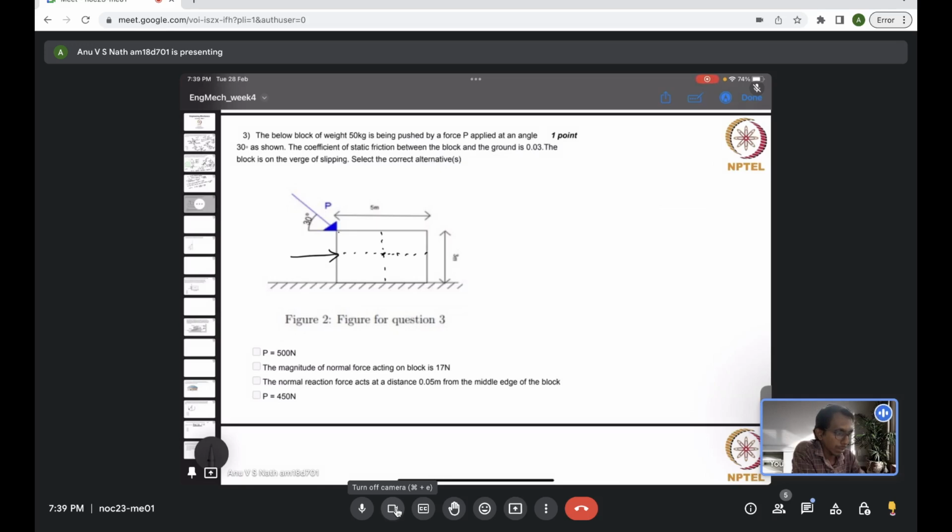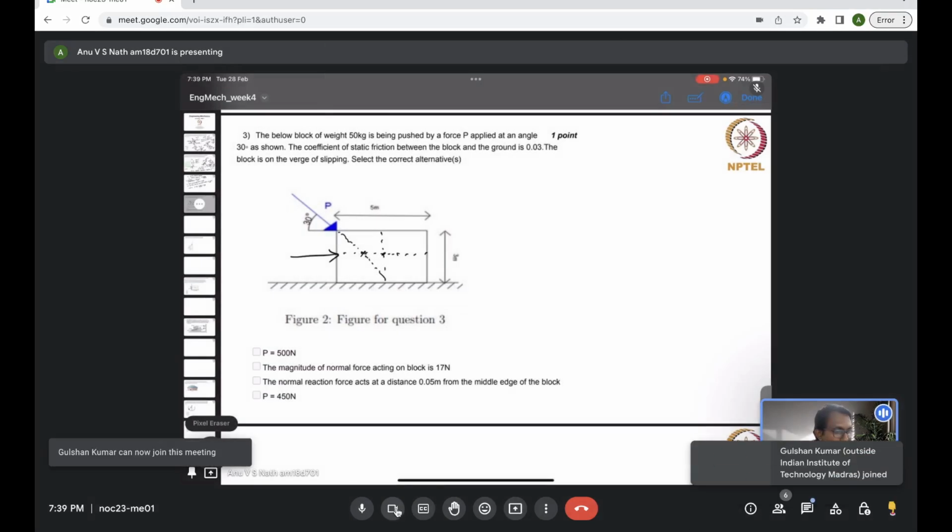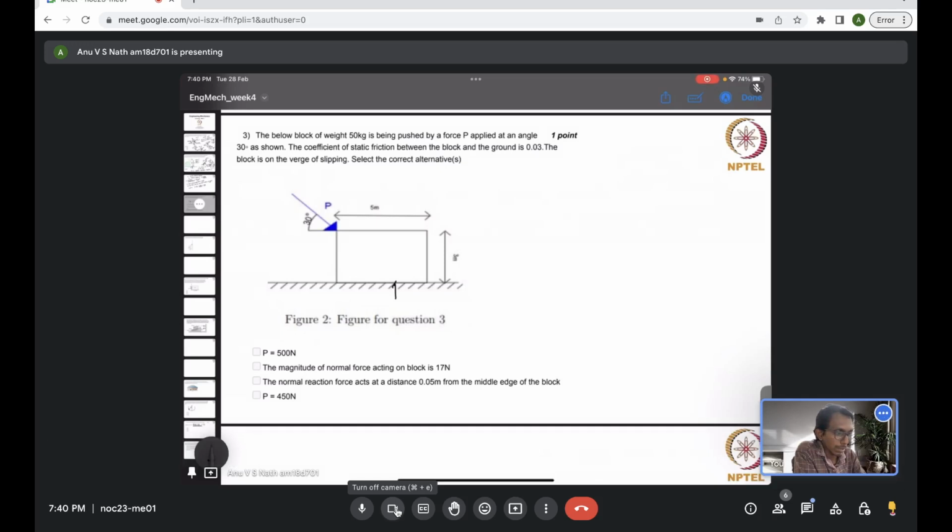But now you see this force is not acting through the centroid, it's at some other distance, so that there will be a moment created which will try to rotate this system. But it should be in equilibrium, so the net reaction force should be displaced by some amount from the center, so that this body will still be in equilibrium.